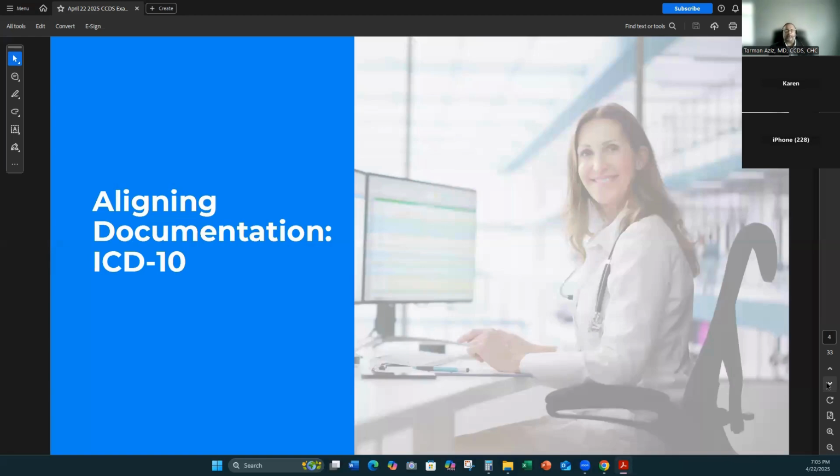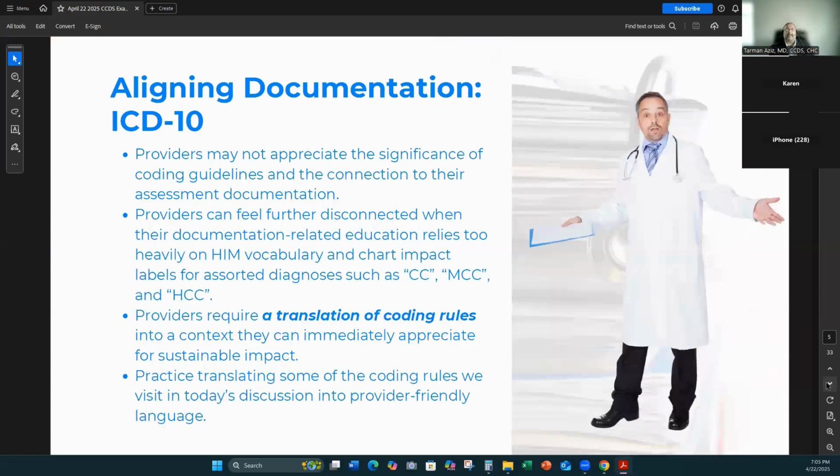So we'll go ahead and get started with this first agenda item, aligning provider documentation with ICD-10 coding, which is a little bit tricky, as any of us that's been in the industry for any length of time knows that providers don't always write in a way that captures the correct codes. And that's where CDI comes into play, of course.